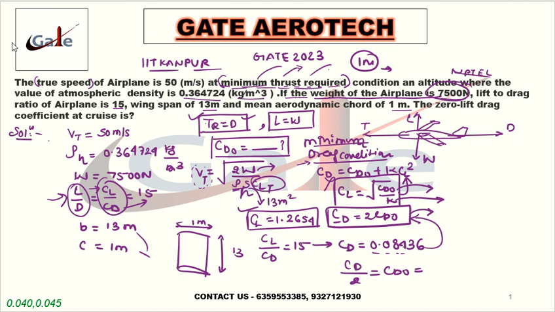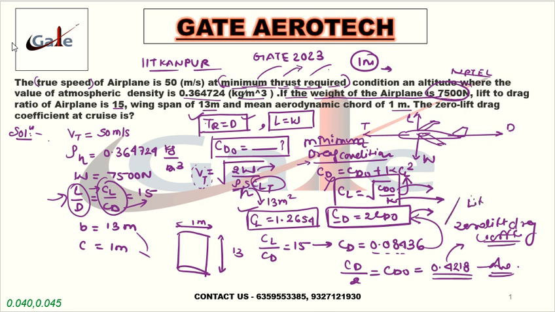If you simplify this, you will get 0.4218. So what is this, can you tell me? This is nothing but the zero lift drag coefficient, or sometimes we say lift independent drag. Yes, it is also known as lift independent drag.